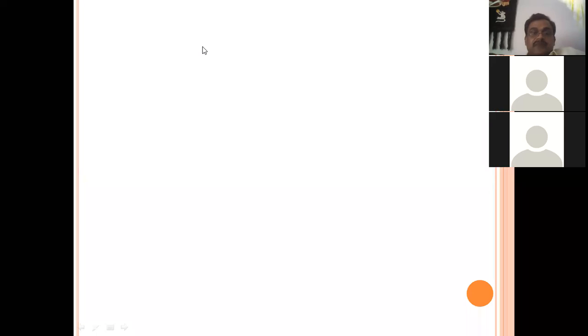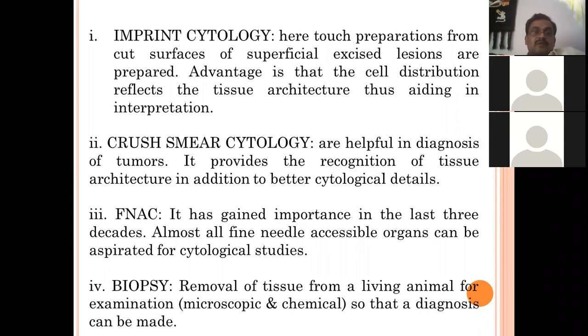What do you mean by imprint cytology? In imprint cytology, you have to excise the lesion, cut it, and at that cut surface simply touch your slide and remove it to make a proper smear and staining. It is nothing but a touch preparation. Imprint cytology is an impression cytology.